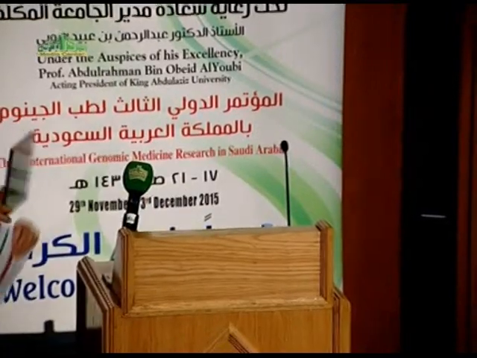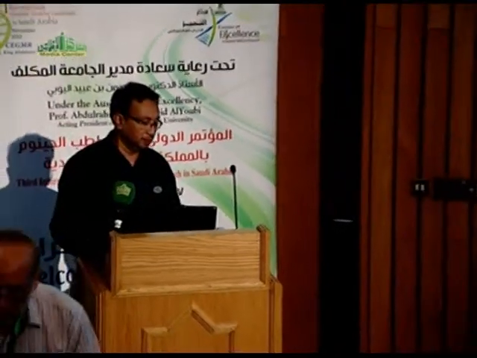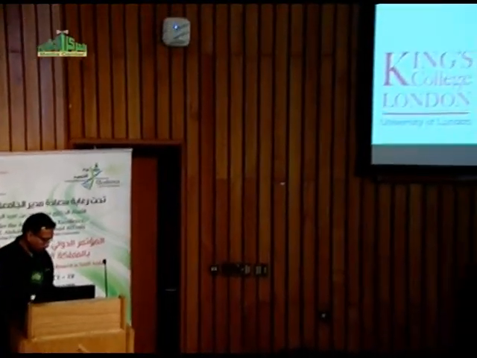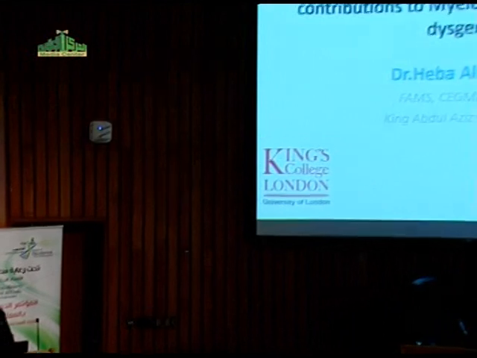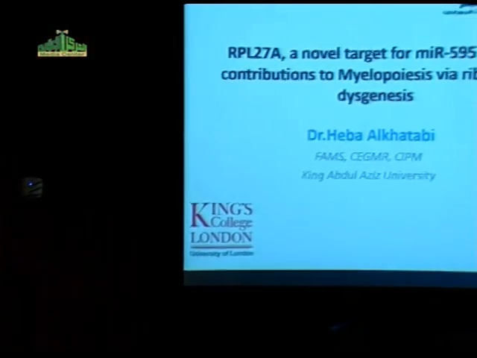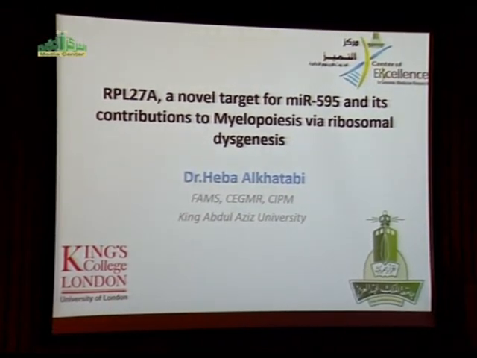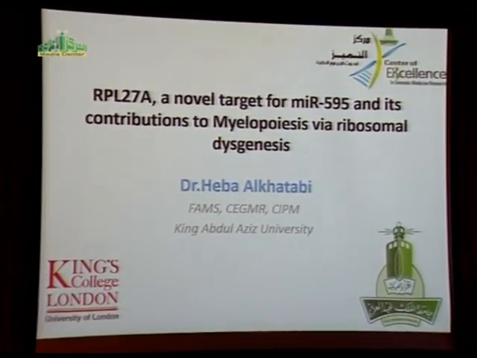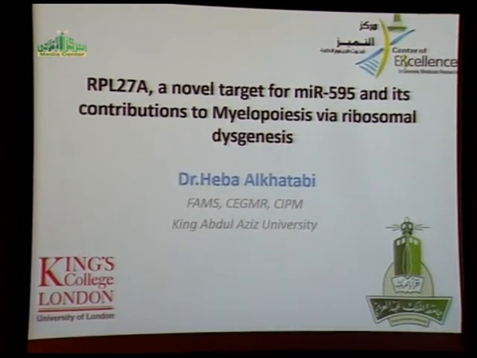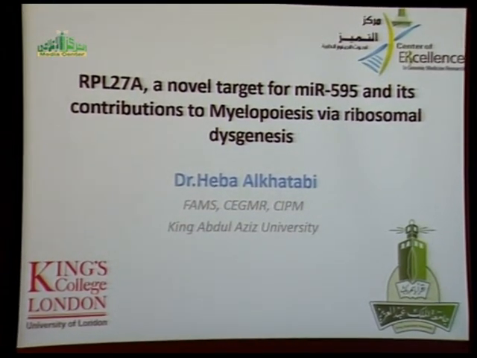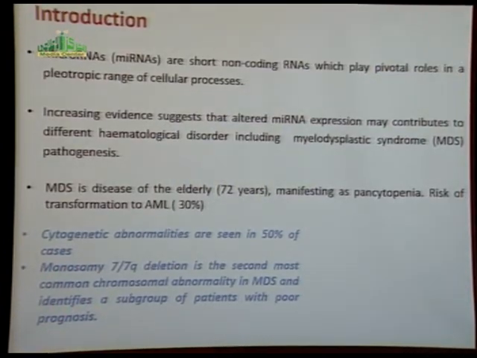Thank you very much. Good afternoon, everyone. It is my pleasure to be here today to talk about the role of the ribosomal protein RPL27A as a novel target for microRNA 595 and its contribution to myelopoiesis via ribosomal dysgenesis.